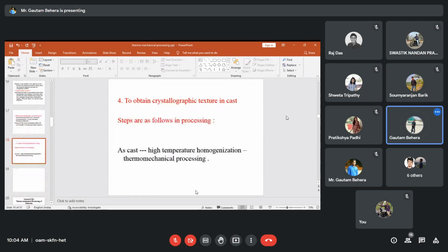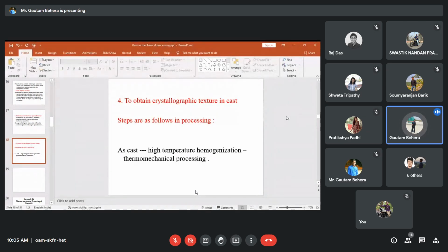Then finally, by thermomechanical processing, we can also get a crystallographic structure, or texture, in the cast structure. Sometimes crystallographic structure is good in our material. Texture means a preferred orientation. Sometimes we want a preferred orientation to get certain properties. Suppose we want high magnetic permeability in certain directions.